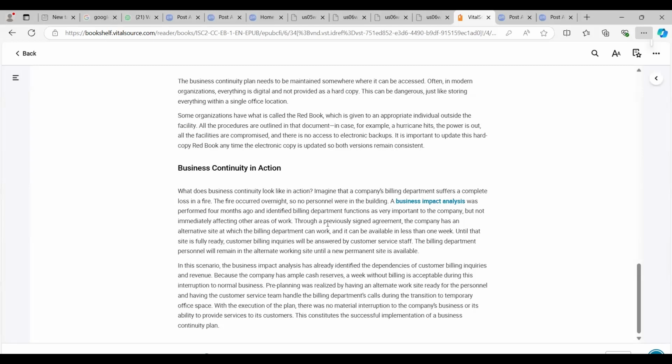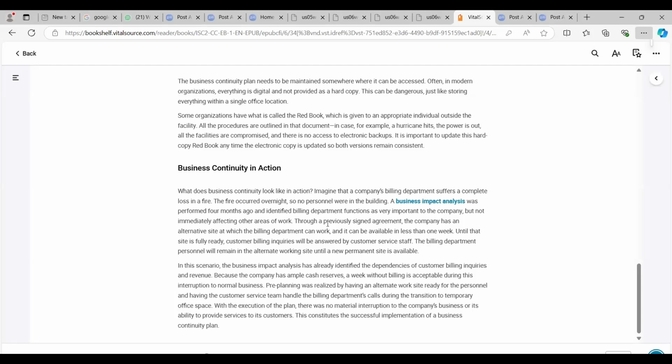So in this scenario, the business impact analysis has already identified the dependencies of customer billing inquiries and revenue. Because the company has ample cash reserves, a week without billing is acceptable during the interruption to normal business. Planning was realized by having an alternate work site ready for the personnel and having a customer service team handle the billing department calls during the transition to temporary office space.